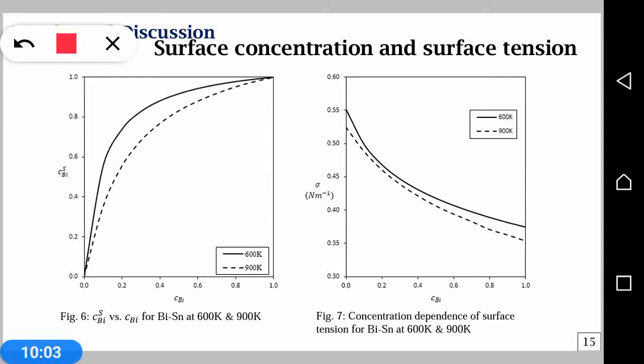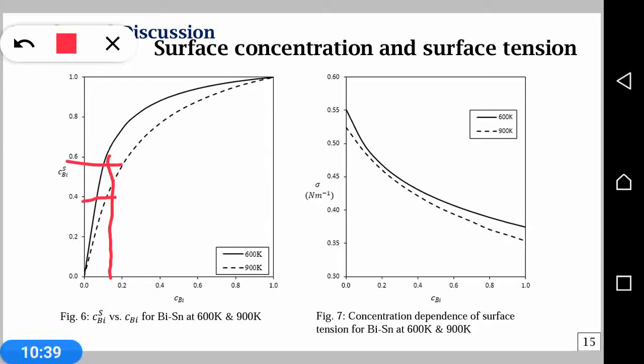And it can be observed that at about 10% bulk concentration of bismuth, about 40% bismuth is observed at the bismuth tin surface at 900 Kelvin. And about 60% bismuth is observed in the bismuth tin surface at 600 Kelvin.